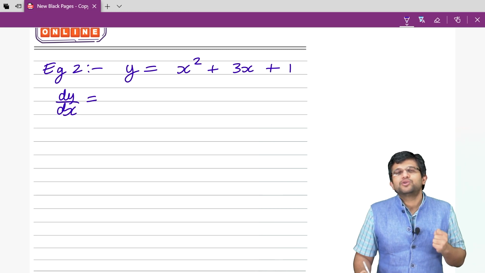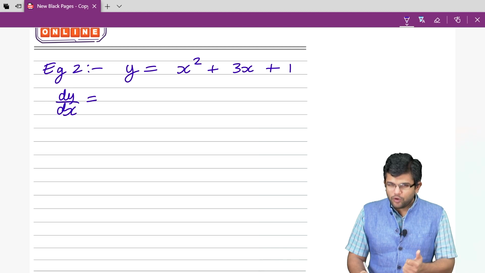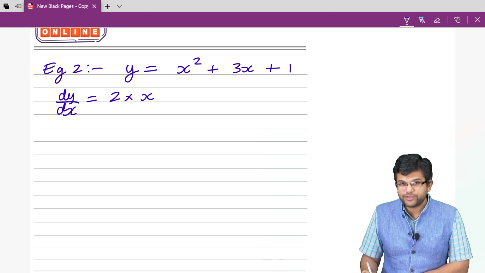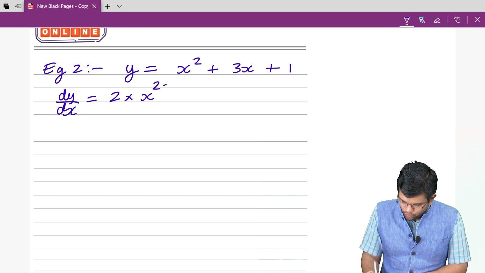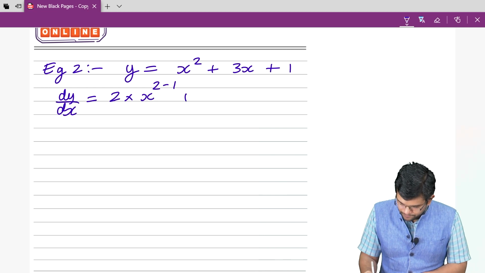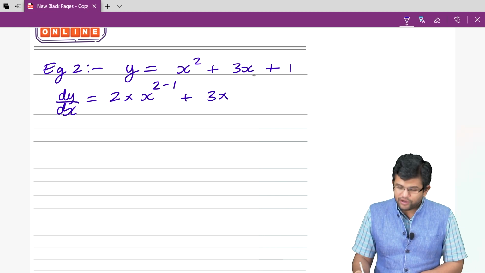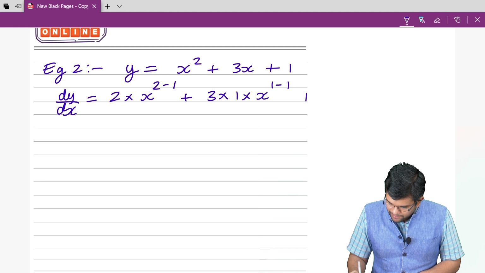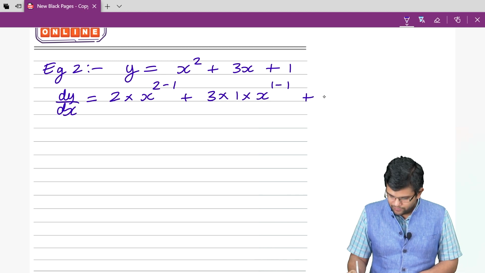Children, tell me, how should I take a derivative on this function? You all know this 2 will come down, so this will be 2 into x raised to 2 minus 1. Everybody clear? 2 into x raised to 2 minus 1 plus 3 into, children, this is x raised to 1, right? So that will be 1 into x raised to 1 minus 1, and plus the derivative of this constant 1 will be 0.